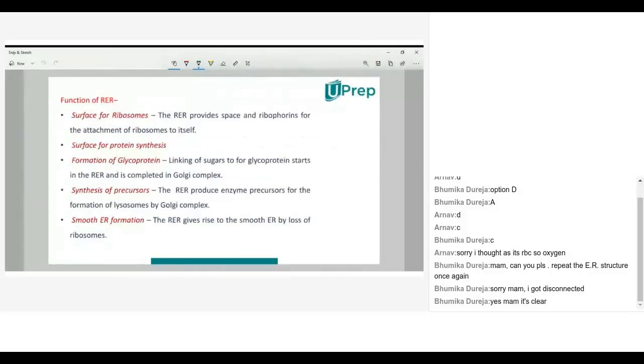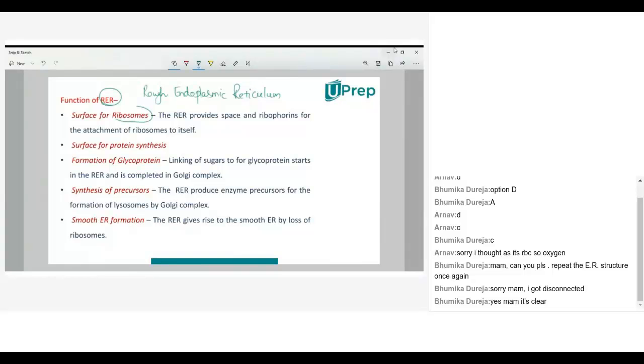Okay. So here, when we take the rough endoplasmic reticulum, they have given it as RER, which stands for rough endoplasmic reticulum. Now here you will find ribosomes.